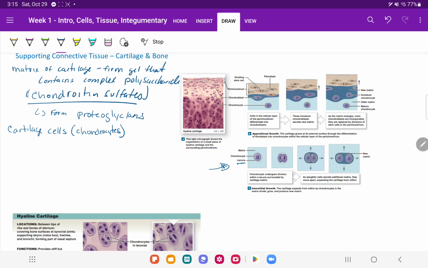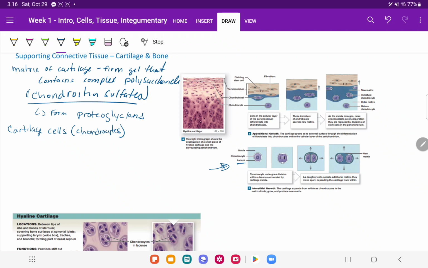The physical properties of cartilage depend on the composition of its matrix. Collagen fibers provide cartilage with its tensile strength, and the extracellular fibers and the ground substance give cartilage its flexibility and resilience.